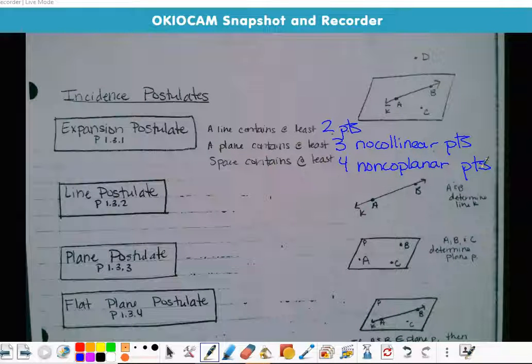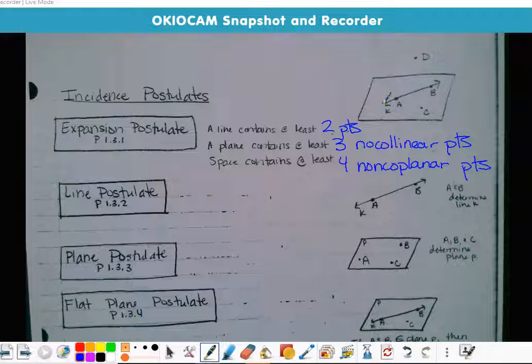All right, if I look at my drawing up here, what's my line? I need 2 points. Line K would give me 2 points off that line, A and B. So line AB would be there if I was going to name it.